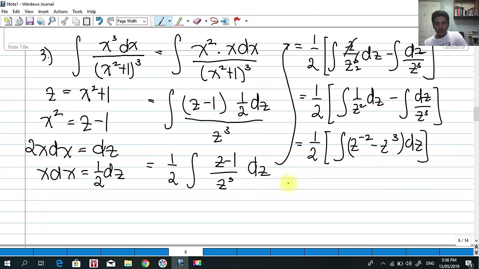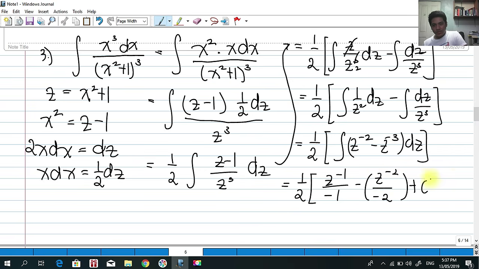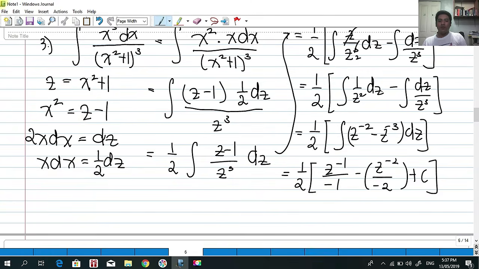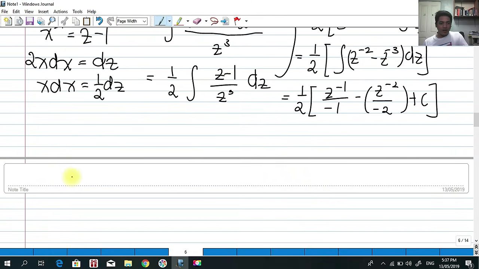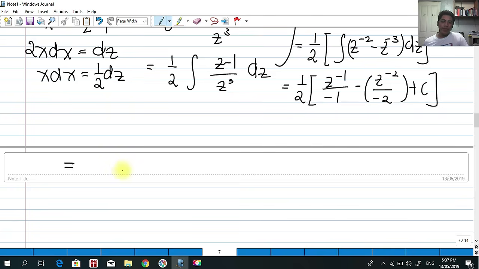Okay, so if we're going to evaluate the integral of that, we have now 1/2 multiplied by z raised to negative 1 over negative 1 minus z raised to negative 2 over negative 2, plus c. And we have now to simplify this. So we can bring down the z raised to negative 1 to its denominator.